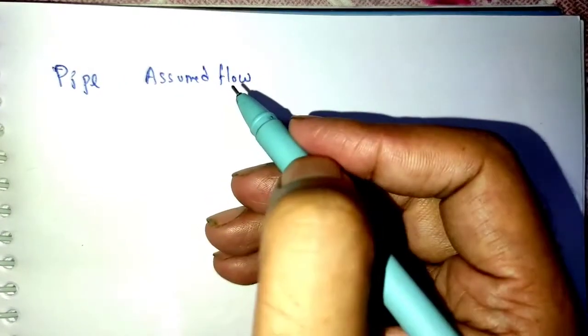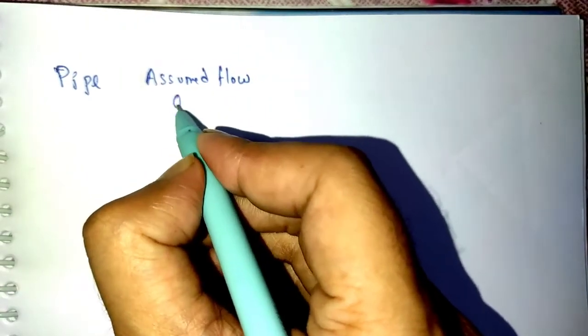The first column will comprise the pipe, right? The second column will have the assumed flow. Assumed flow, as you all know, is our QA, right?